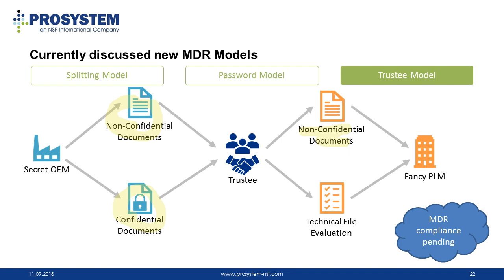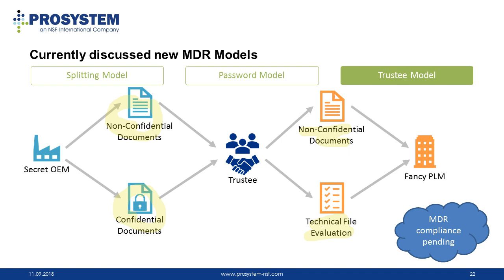They would also have to assess this confidential information. So in this case, only the trustee does this for the private label manufacturer, and then an evaluation of this confidential documentation is handed to the private label manufacturer, so that the PLM can show that he has got the information either directly available or at least assessed by someone who has the capability to assess this documentation.